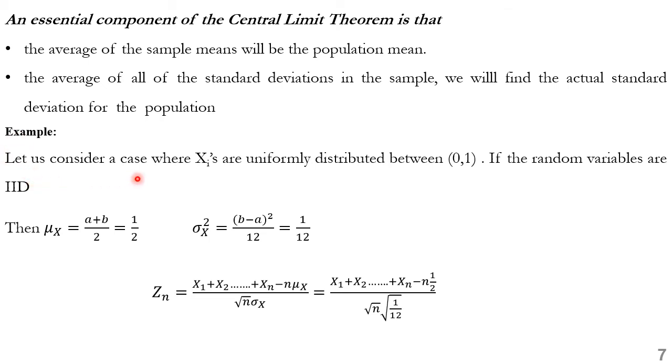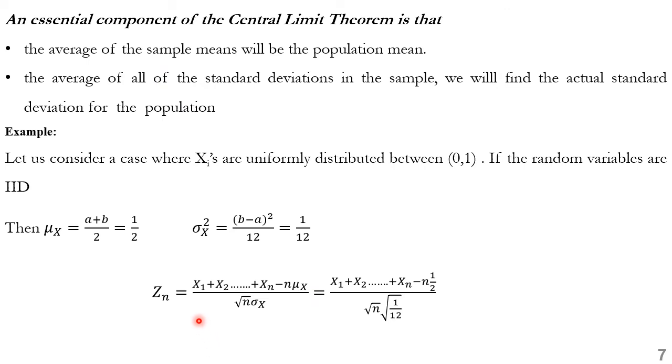Example, let us consider a case where xi are uniformly distributed between 0 and 1. If the random variables are IID, then we know that mu x is equal to (a plus b) by 2, (0 plus 1) divided by 2, that is half. Sigma x square is given by (b minus a) whole square divided by 12, so 1 by 12.